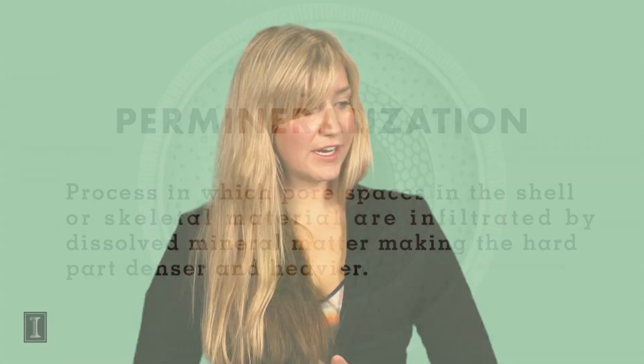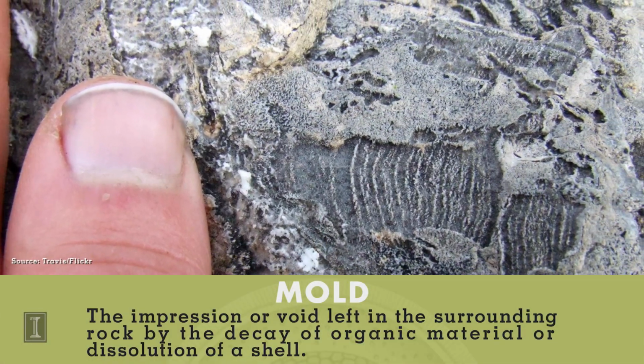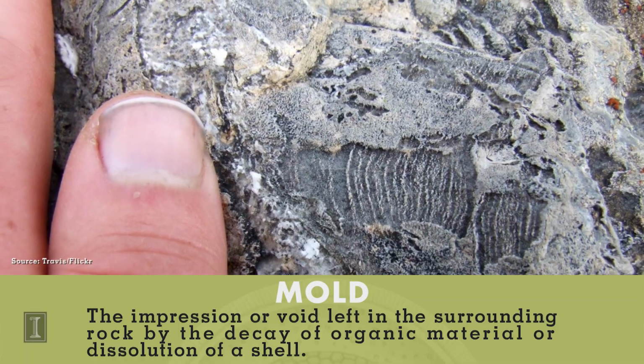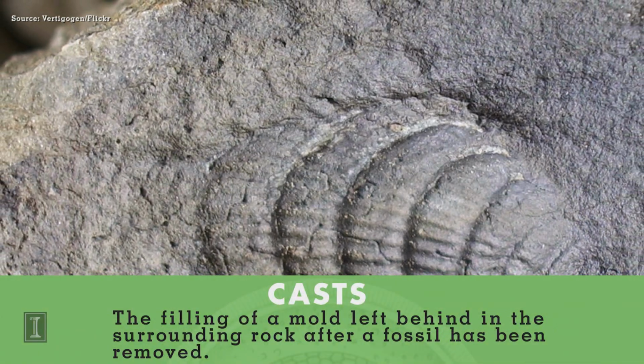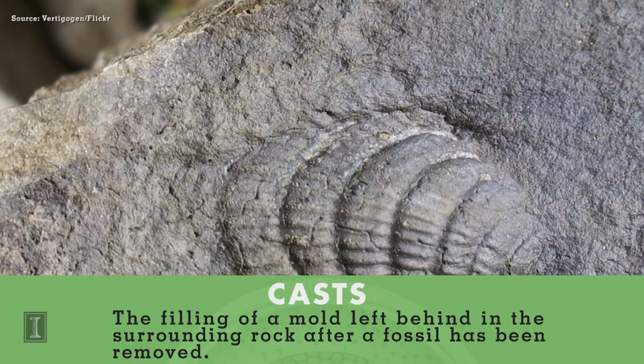So the last thing we want to consider when thinking about modes of preservation is molds and casts. A mold and a cast is basically when you have no original chemical composition left over, so no actual piece of that organism is left in this area, and you basically just have a representative of it. And so a mold is basically a void space.